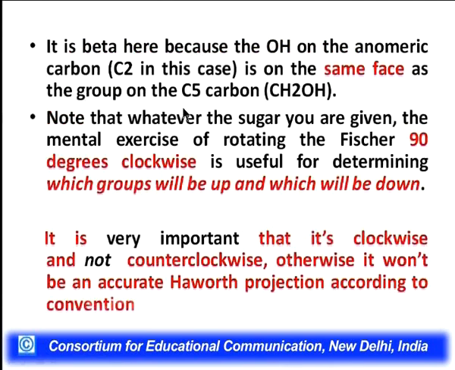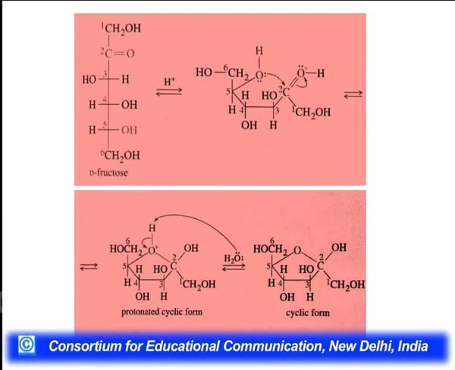When I look at this structure of fructose, this is the beta form, because the OH and CH2OH are on the same side of the ring, so they are cis to each other.